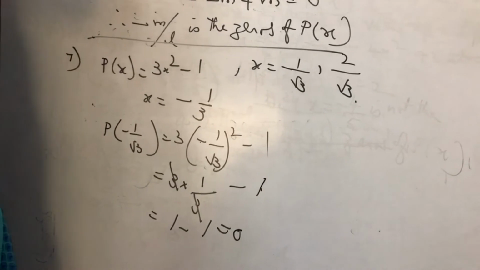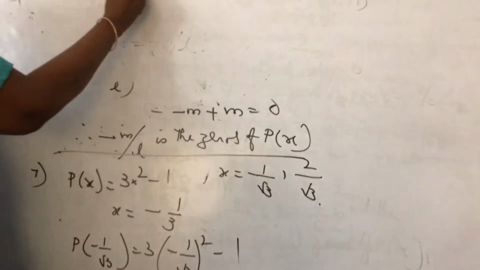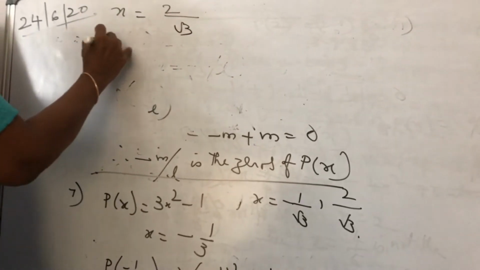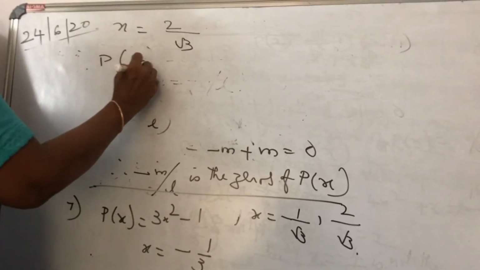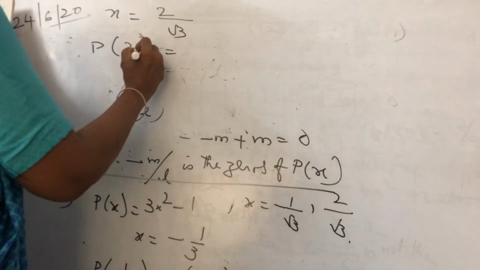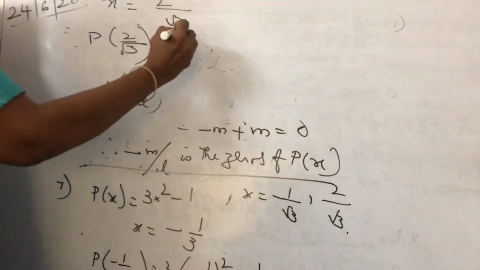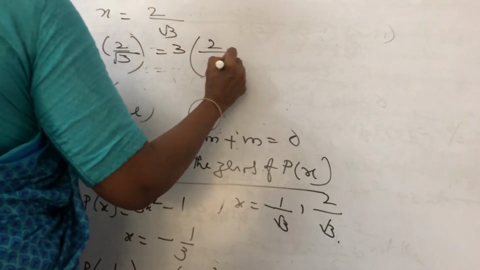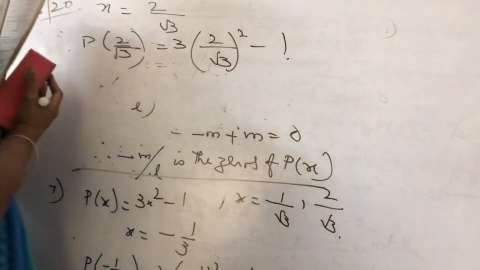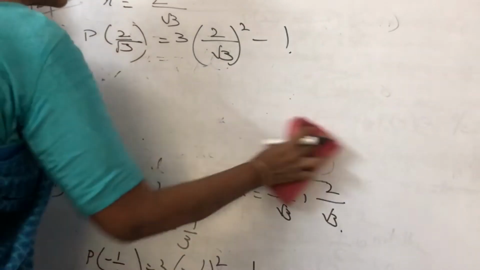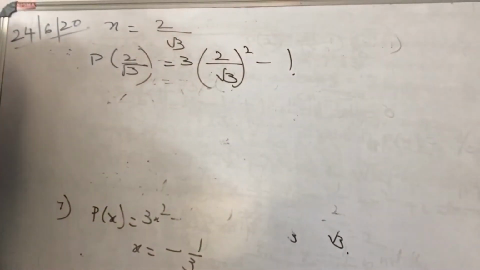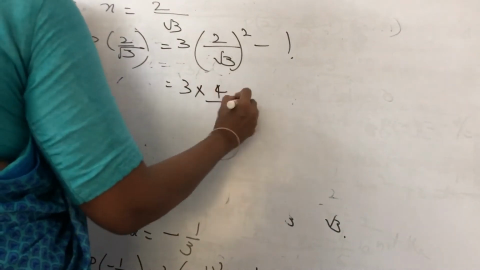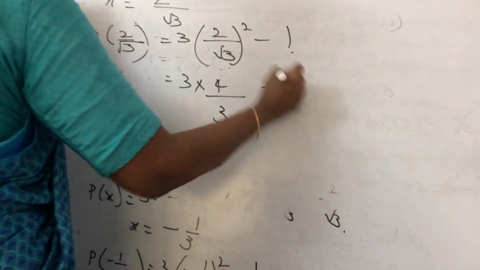Second value, children, x is equal to 2 by root 3. P of 2 by root 3: 3 into 2 by root 3 the whole square minus 1. Squaring, children. You know what is squaring? 2 twos are 4. Root 3 into root 3 is 3.